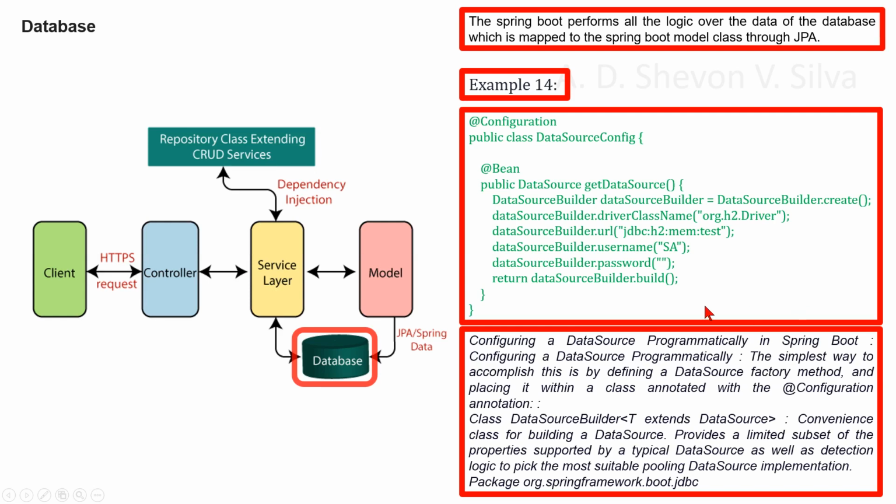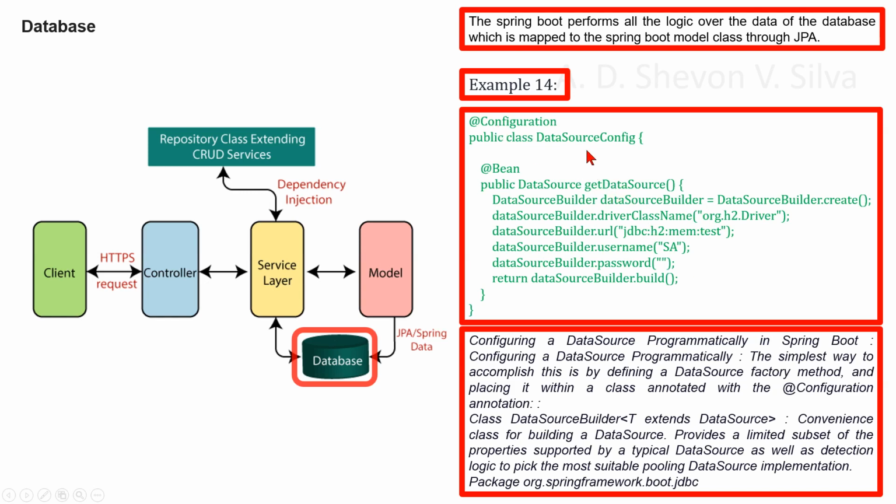Now we are considering configuring a data source programmatically in Spring Boot. The simplest way to accomplish this is by defining a data source factory method and placing it within a class annotated with the @Configuration annotation.